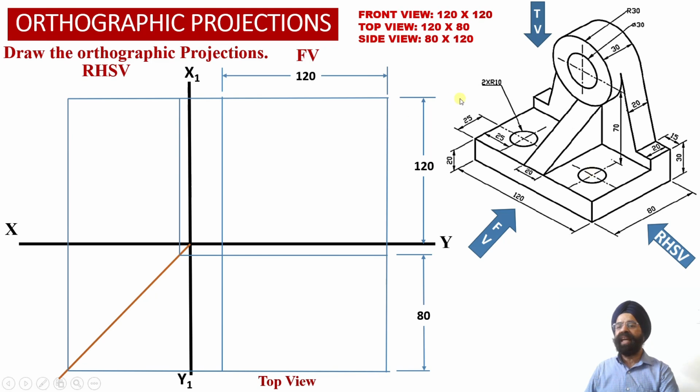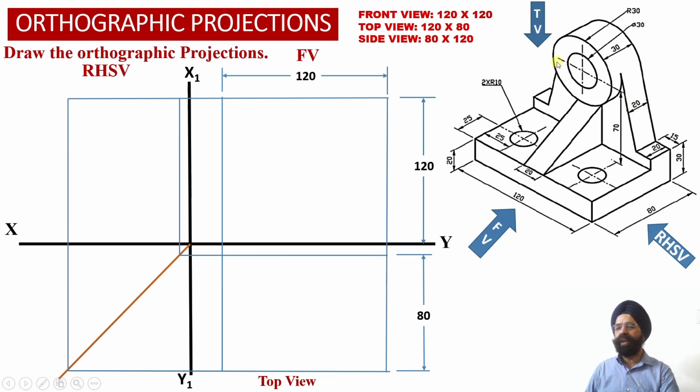Now the second element of the solid is a vertical web which is lying towards the rear side of the solid, and into this vertical web, at the base here, we have got a stepped surface onto the left hand side and a stepped surface onto the right hand side of this vertical web.